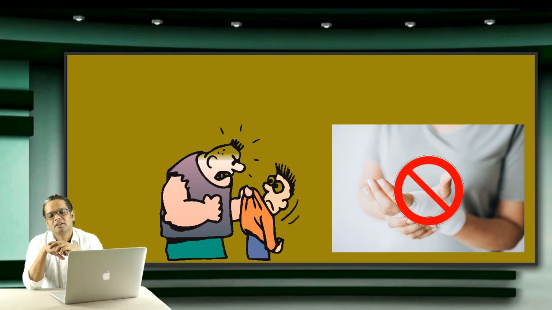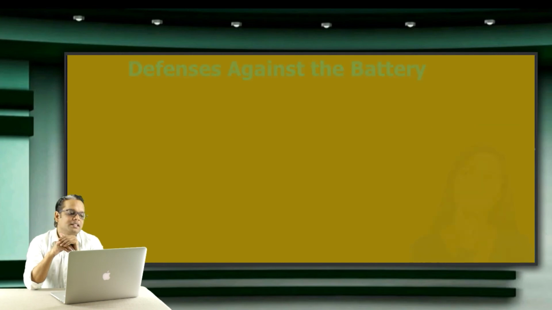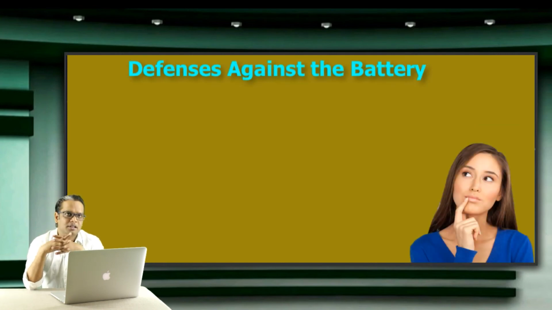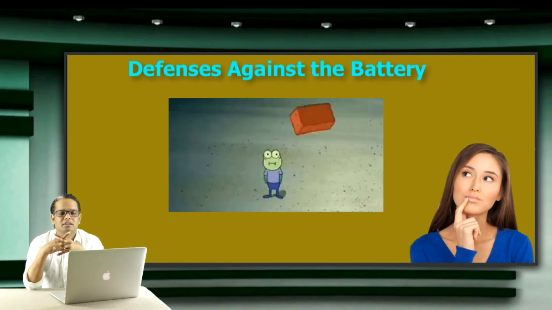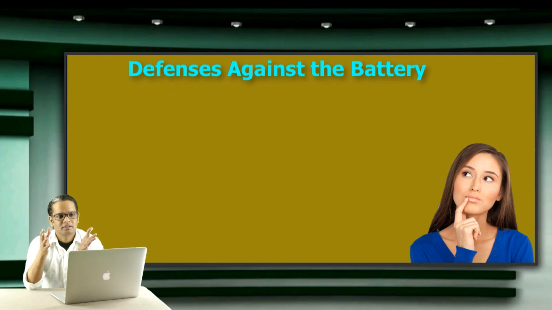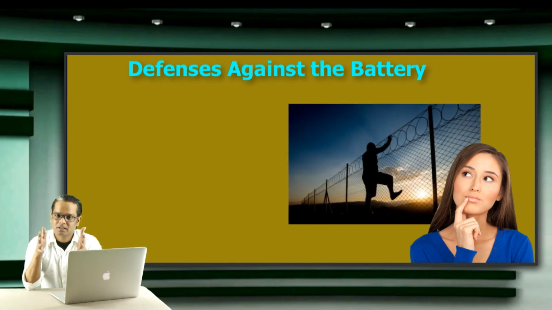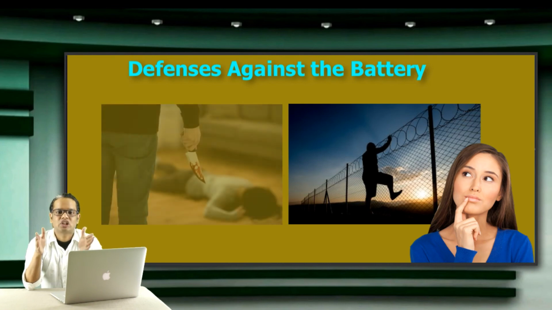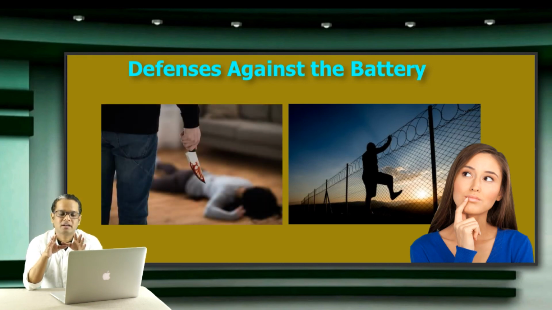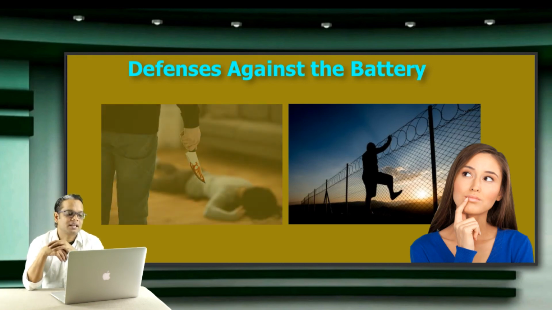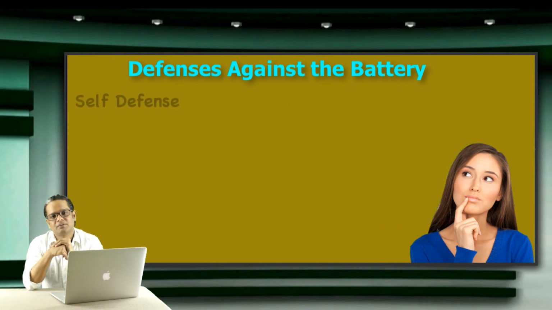The next topic that we have is defense against battery. In what condition can such a tort be justified? So how can you escape liability for the act that you did? That is defense against battery. The first one is self-defense.